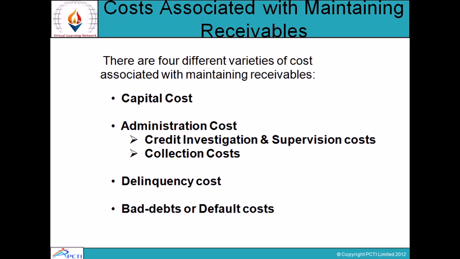That means the goods sold on credit have to be investigated, whether the goods have reached the customer properly and are lying with the customer. The customer has accepted the product and has given you a signed challan or invoice which states that yes, goods purchased on this credit, this money I have to pay later. So this investigation is nothing but an administration cost.